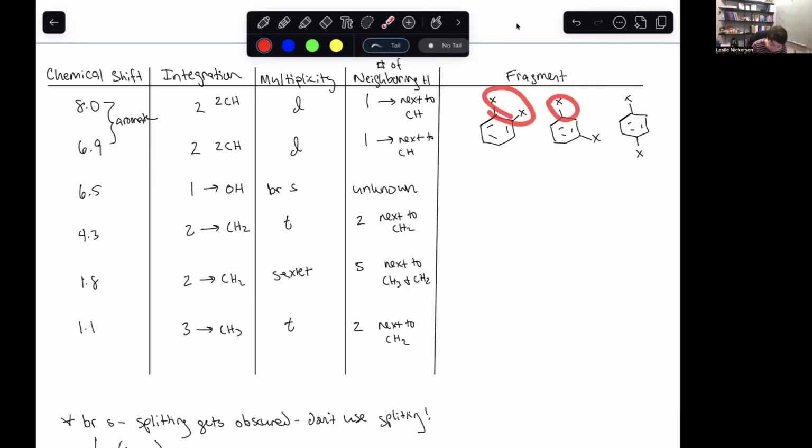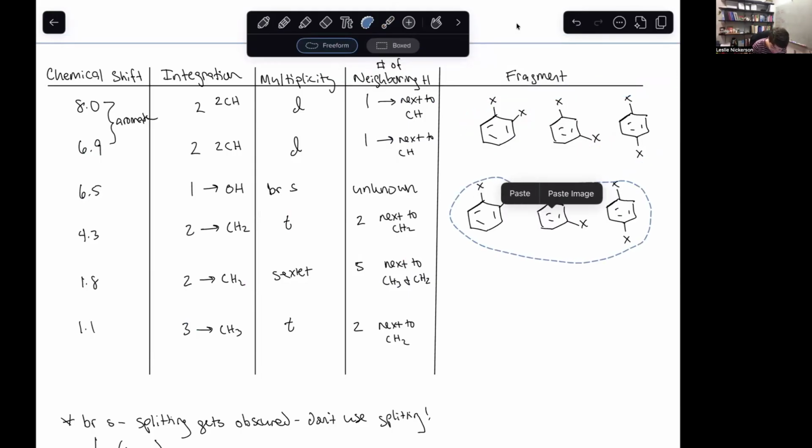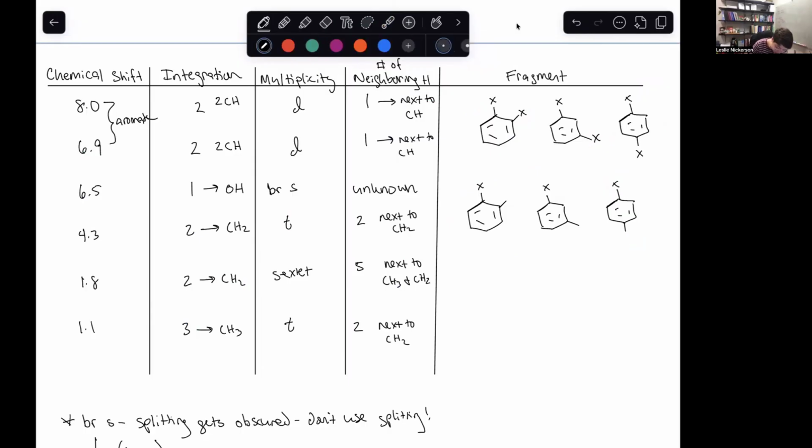So whatever it is, but they're both the same. I could also have those same substitution patterns, but having the 2 substituents be different. Okay, so I've got the 2 options there.